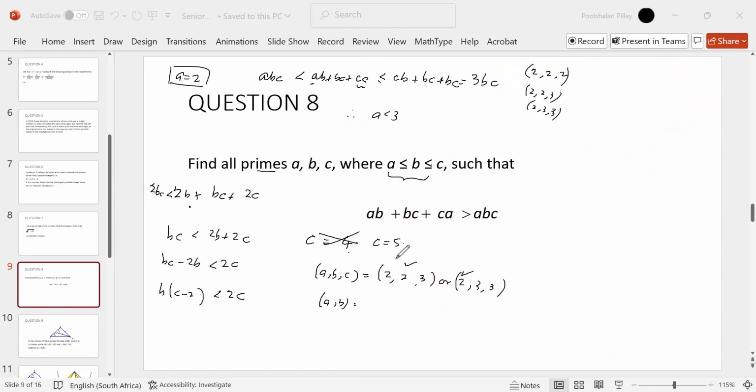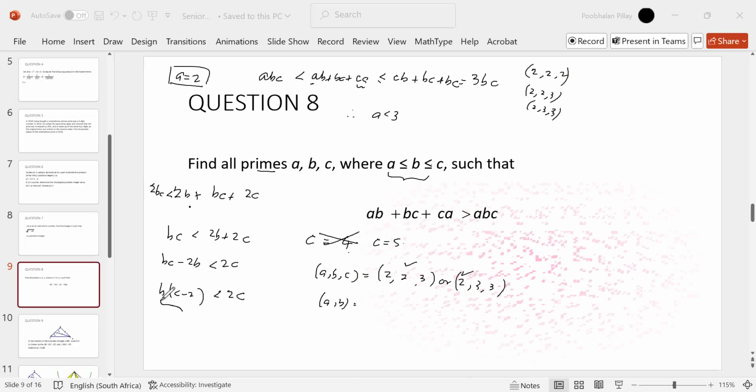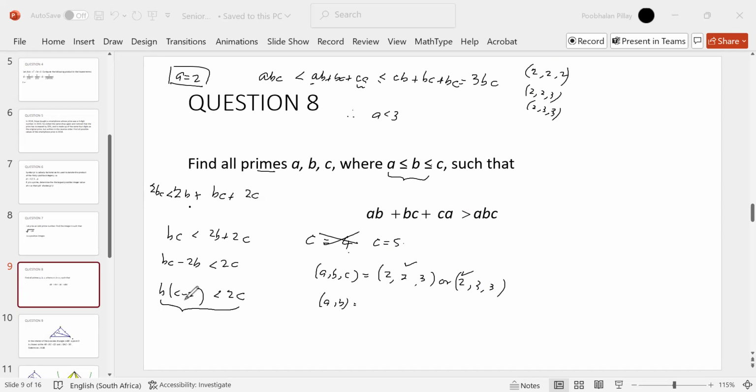When C is equal to 5, then, right, let's put C equal to 5 in this one here. So if C is equal to 5, you got C is 5 minus 2, you got 3B. C is equal to 5, you use your 10 here. So 3B is less than 10. And the primes which are less than 10 are 3. 3 times 3 is less than 10, and 3 times 2 is less than 10.